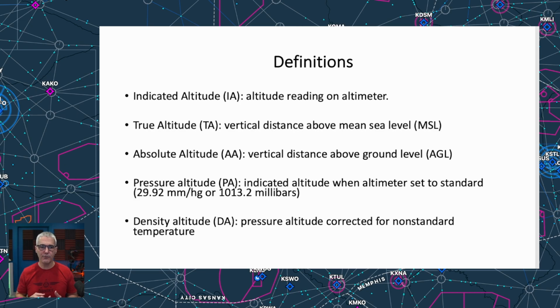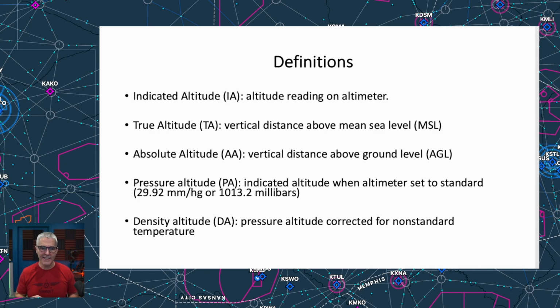True altitude is the vertical distance above mean sea level. Think of true altitude as where the plane actually is above mean sea level. Think of indicated altitude as where the plane thinks it is above mean sea level. Absolute altitude is the vertical distance above ground level, and when having a discussion about altimeter errors, you certainly want to know where you are in relation to the ground.